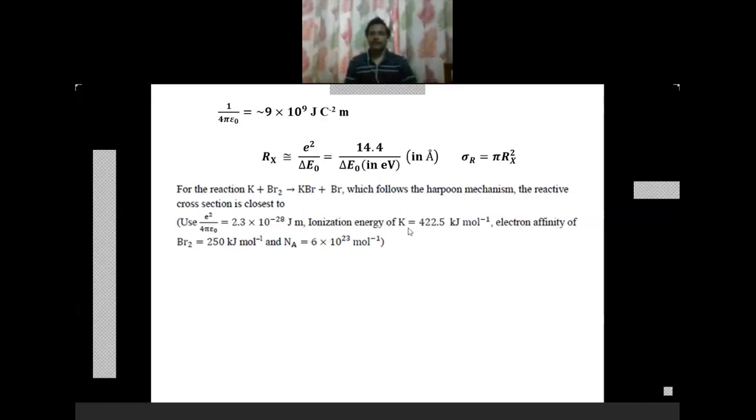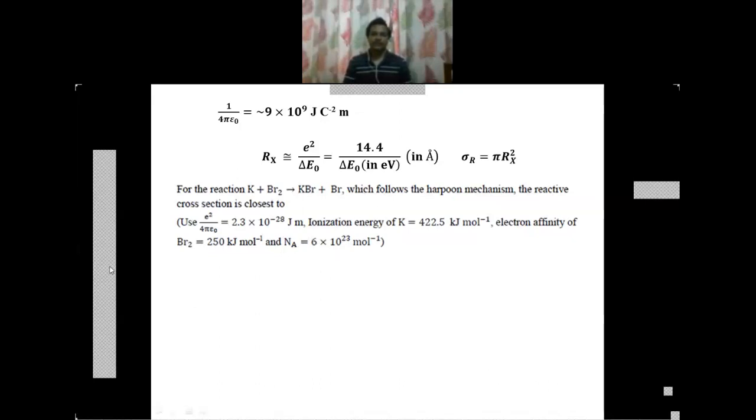Now the ionization energy of potassium is going to be this. The only thing you have to remember is this is in kilojoule and this is in joule, so you have to convert the unit, right? And then you have electron affinity in kilojoule per mole. Here we put electron volt, so the per mole conversion we don't need, but in this case it is per mole, so you have to convert into per molecule and then do the calculation, right? That is the idea.